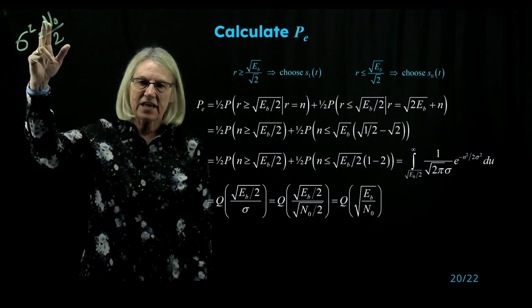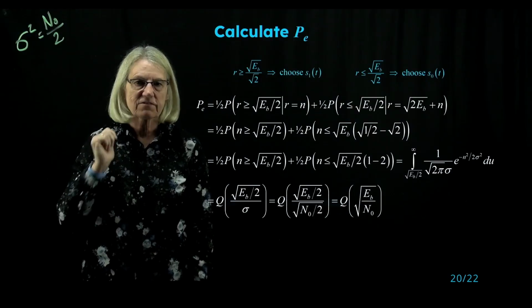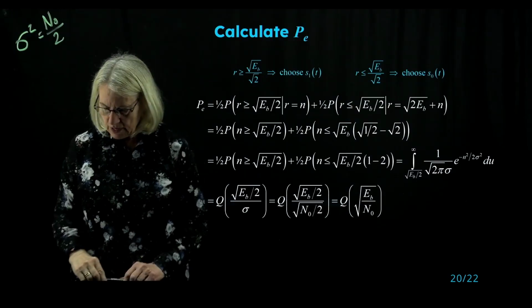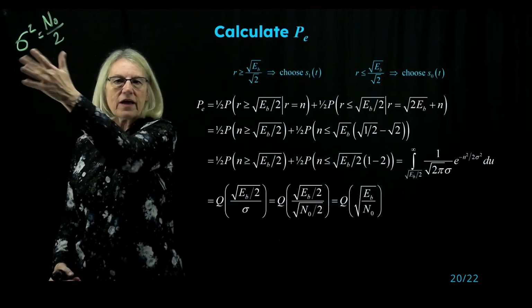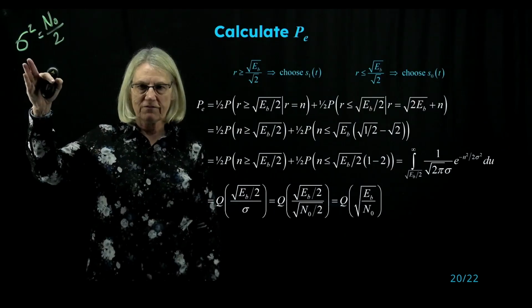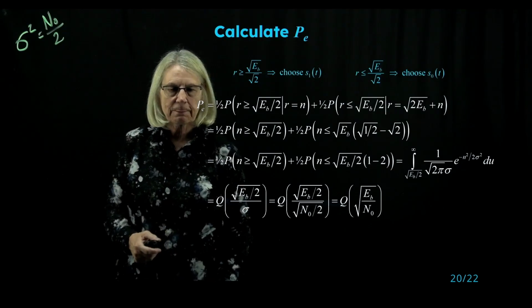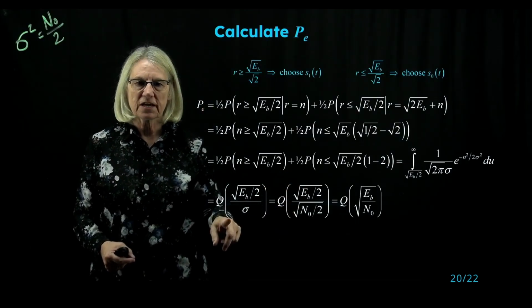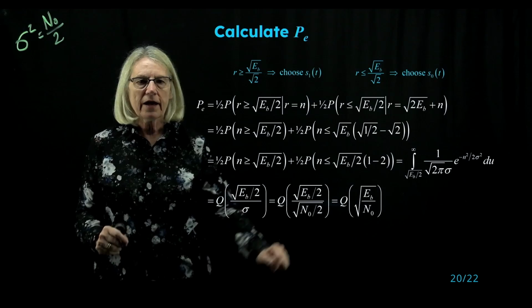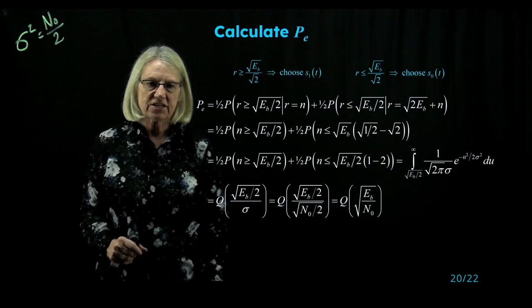And so I'm going to use N0 to represent this density of the noise. N0 over 2 is another way of measuring in the laboratory if we want to figure out what the variance is. So once I have done this, I substitute in for sigma this other notation, and it simplifies to this representation.